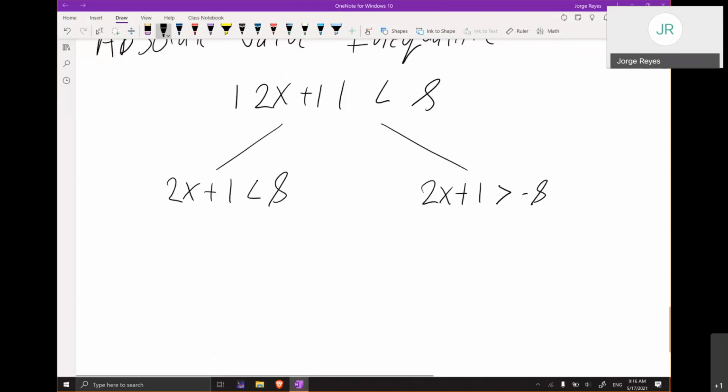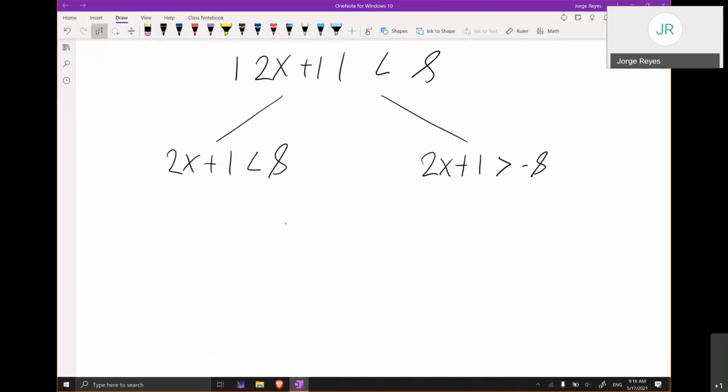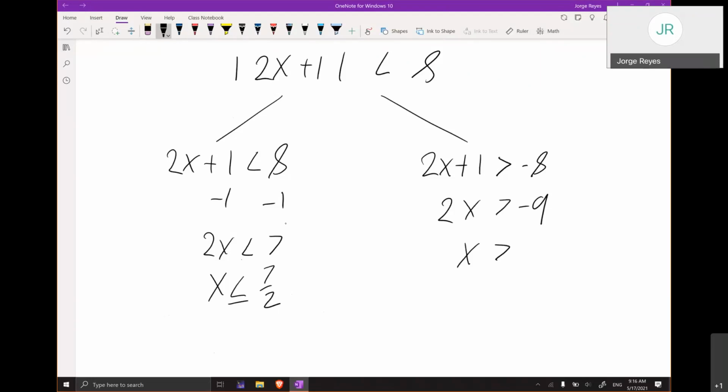Okay. But then you just solve like normal. So -1, -1, 2x less than 7, x less than or equal to -7/2. Here, you're gonna get -9, x greater than -9/2.